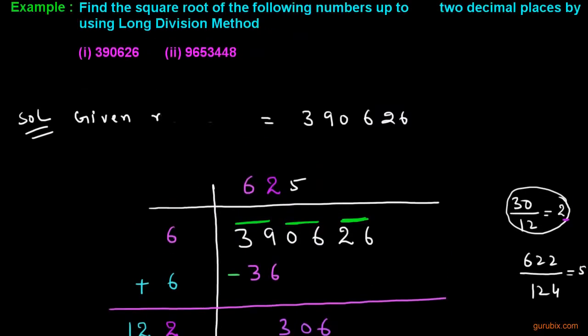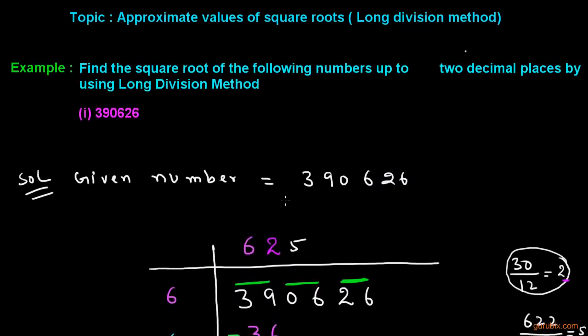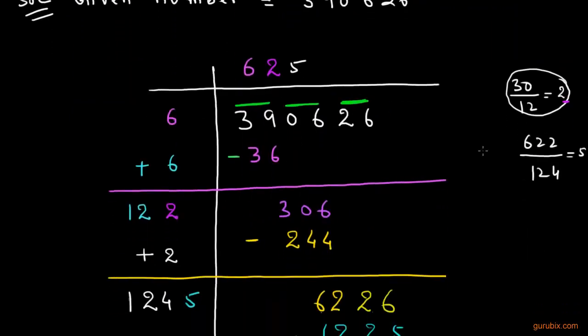But in our question, we are directed to find the square root of the numbers up to 2 decimal places. So what to do now? First of all, I am giving you a technique, and the technique is put a decimal point here and here and add zeros in pairs.